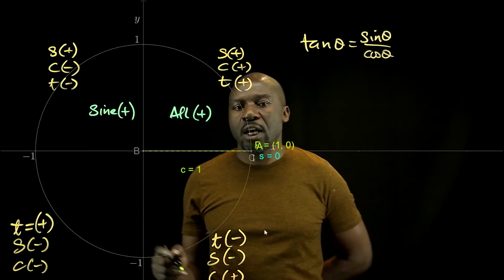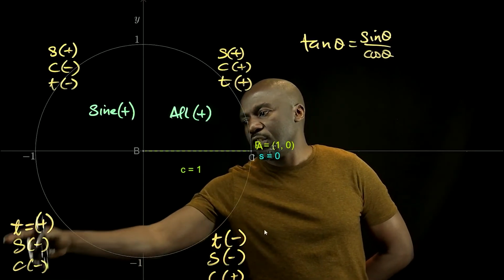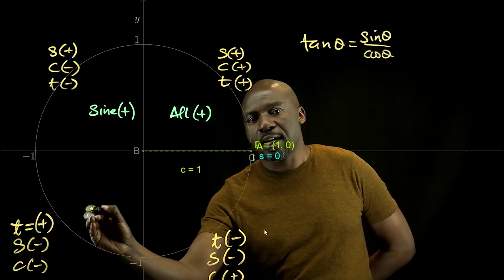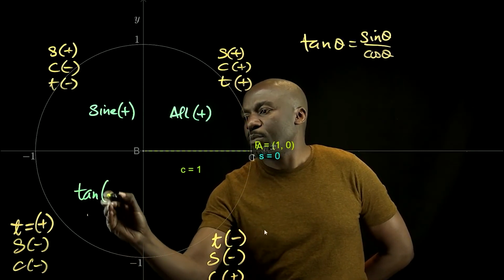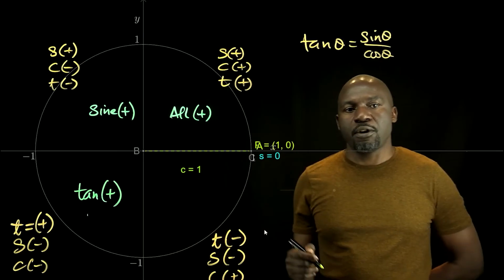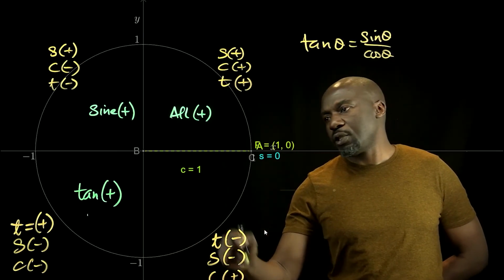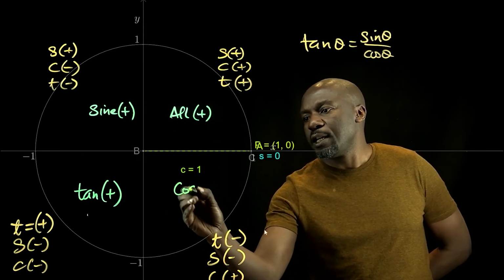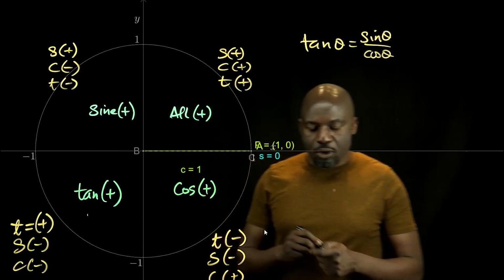In the third quadrant, we can see only tangent is positive. So here we say tan of theta is positive. And in the fourth quadrant, as you can see, only cosine is positive. Cosine is positive. All right, we can draw a conclusion.